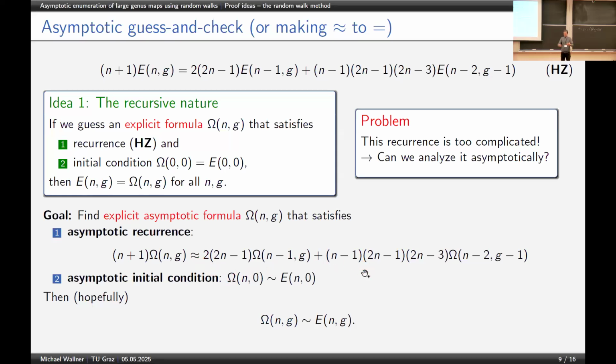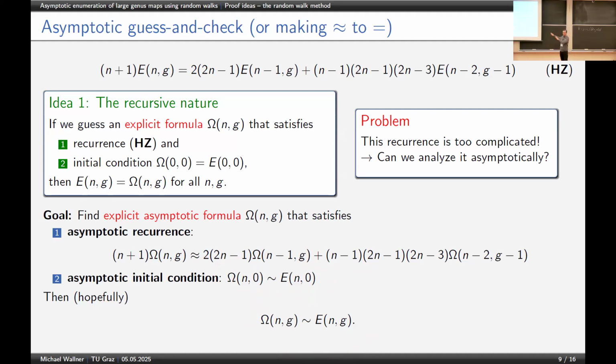And the idea now will be to show you how to make these approximations rigorous, how to make equalities out of this. And then if we additionally have that it's not only the recurrence relation, but it's asymptotically equivalent for large n at least at the beginning, then hopefully we can transfer this asymptotic equality to the full range. So this is really the idea.